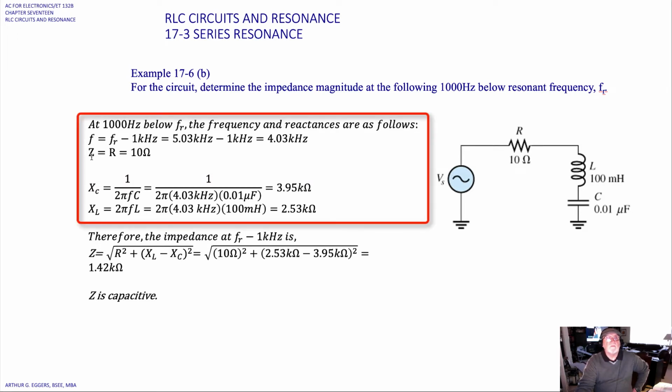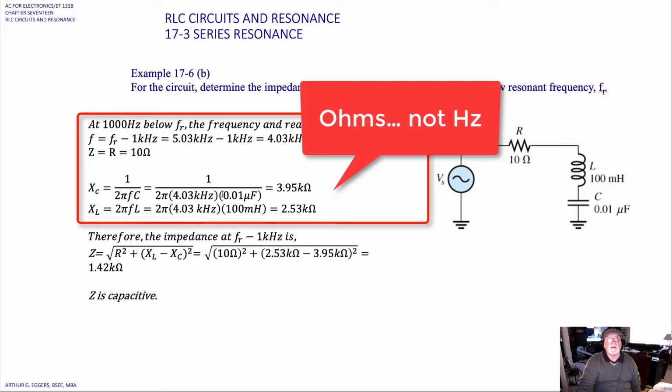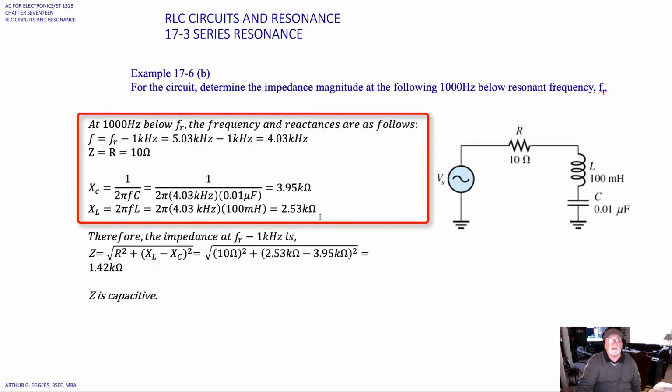As we said before, the resistance is that value of 10 ohms. We need to calculate the capacitive reactance and the inductive reactance, so we just use the relationships that we've learned, 1 over 2 pi FC and 2 pi FL. From that, we get 3.95 kilohms, almost 4,000, and 2.53 kilohms.